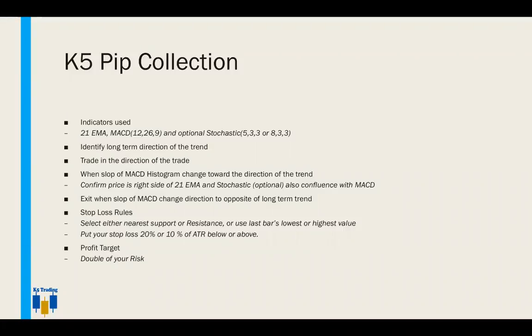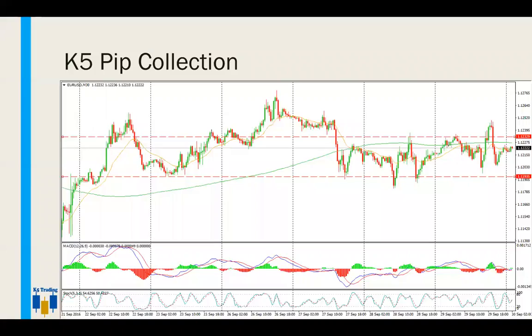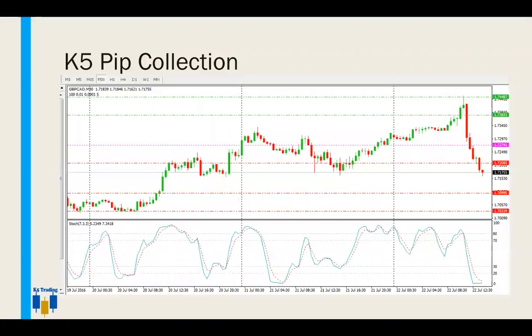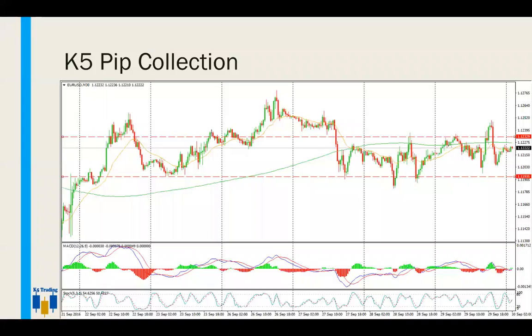This is a very risky strategy, so you have to make sure your stop loss and risk to reward ratios are very well defined. This is what I mean when I say the pip collections. You can see that this is crossing over and this is above, so you just enter right up here. Hang on, let me move it up.